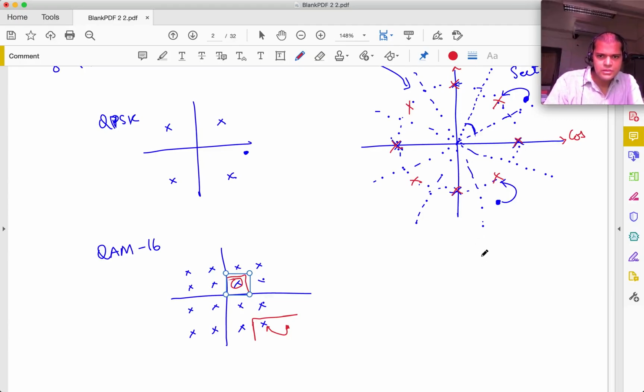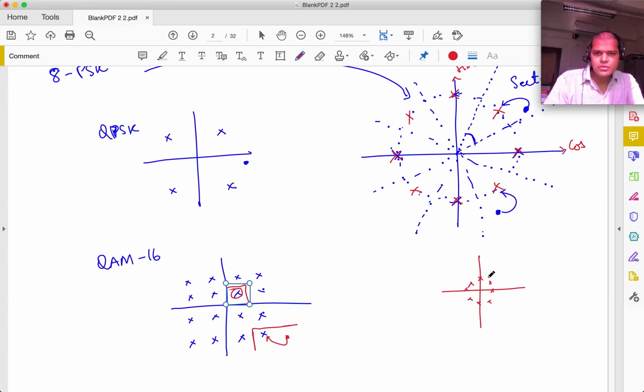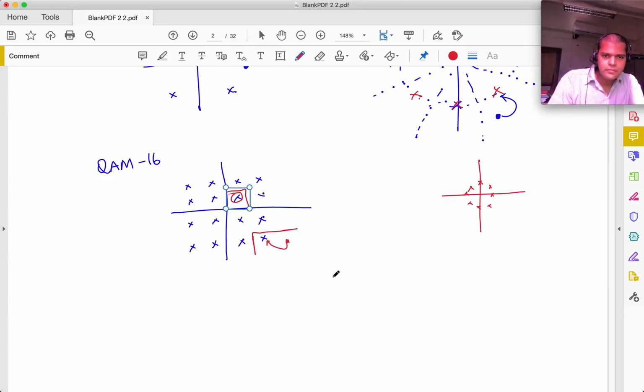So what I mean to say is something like this: maybe this was transmitted, but what you receive due to the attenuation is these same constellation points get squeezed together, right, because the amplitude decreased by so much. Okay. But even if there was no noise, you would still be able to tell which constellation point was transmitted, right? Because you can just look at the angle and say which one was transmitted. Here, because of the attenuation, these points might get all squeezed together. It might look something like this at the receiver.